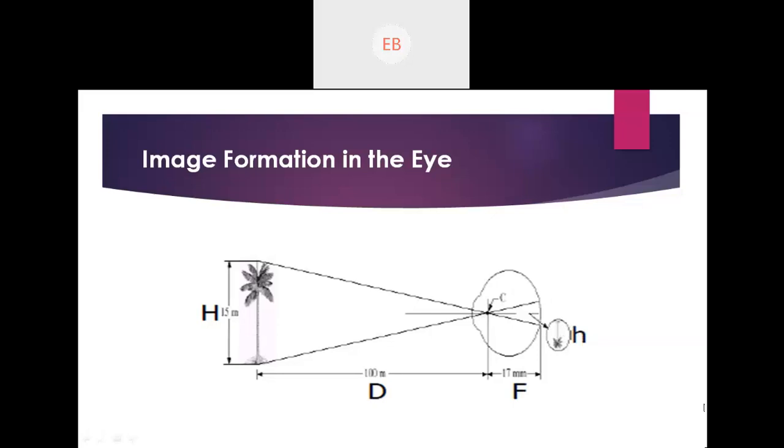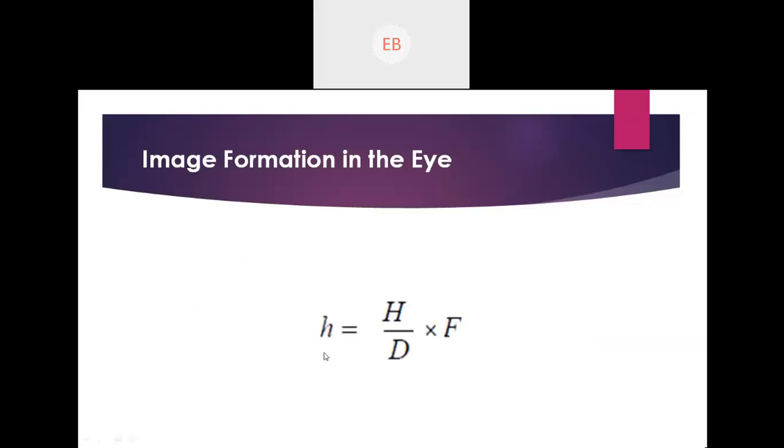So how do we calculate the original height of the image? We use this simple formula: small h equals capital H divided by capital D, multiplied by F. Capital H is the height which is perceived by the user. Capital D is the distance between the lens, that is the eye, and the image.